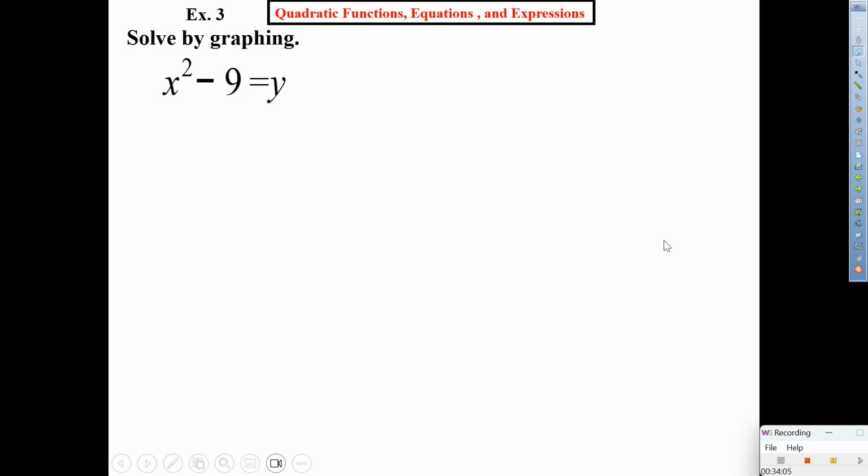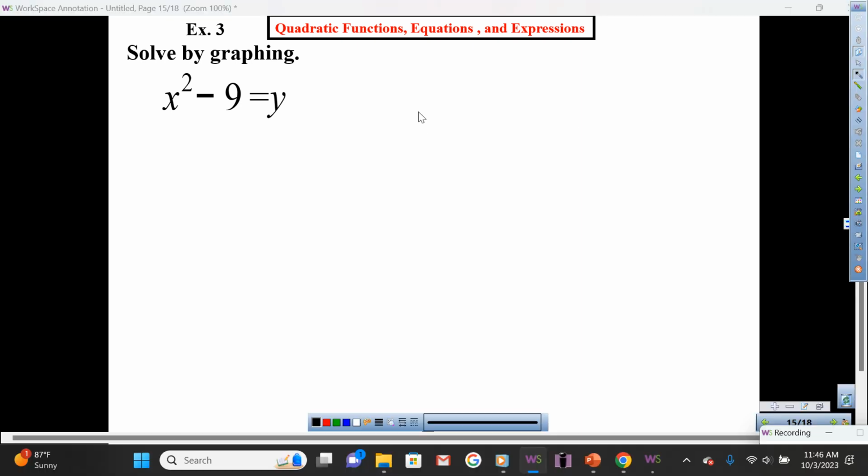Copy this one. Example number 3. Last one. And this is your favorite. Here we go, for graphing. Step 1, it needs to be equal to y.